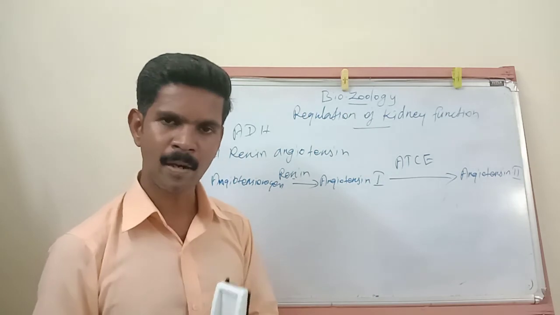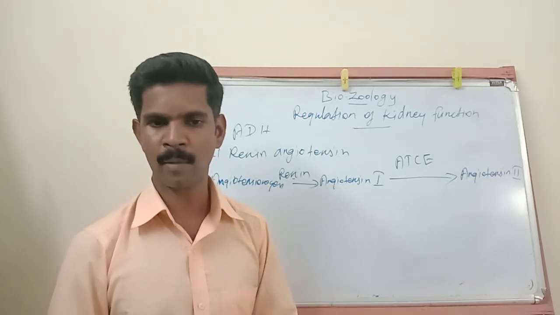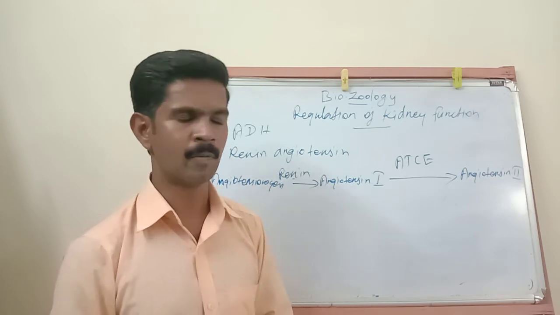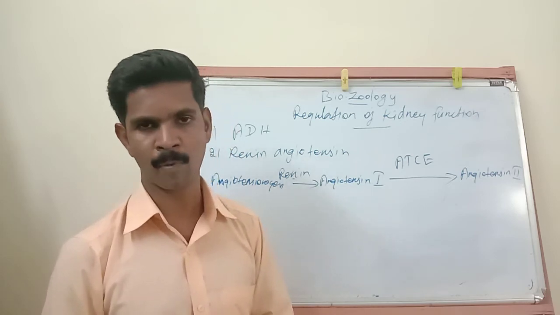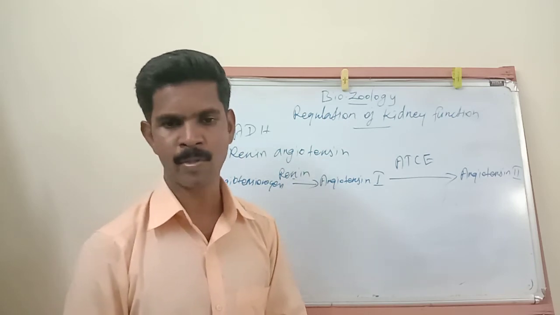When this adrenal cortex is stimulated, more amount of one hormone is produced. The name of this hormone is aldosterone.